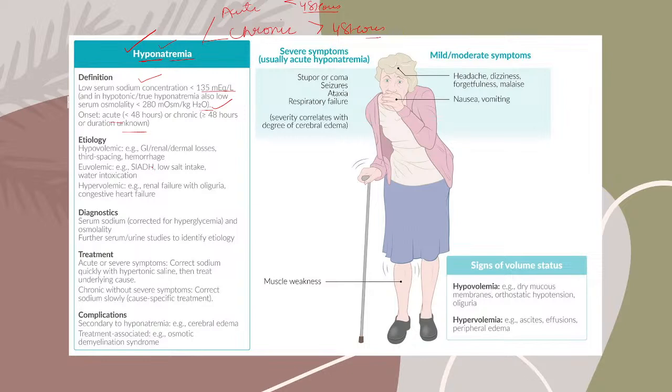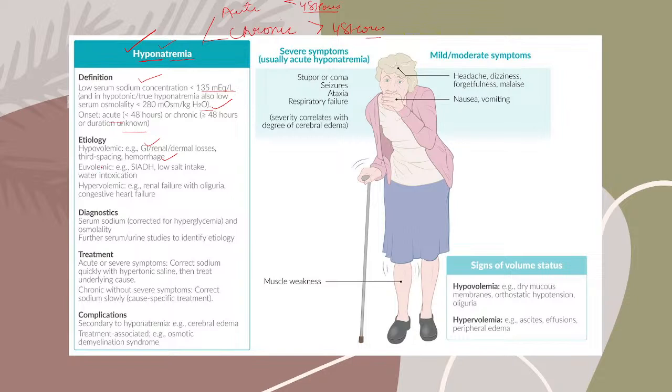Etiology behind this hyponatremia is hypovolemia, for example, in renal, dermal or gastrointestinal losses, or there is some third spacing of fluid, or there is some hemorrhage. This is hypovolemic hyponatremia.